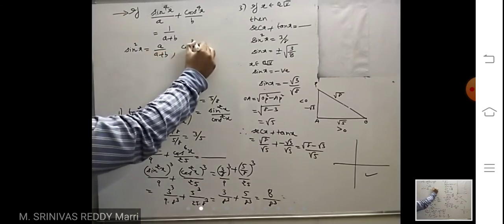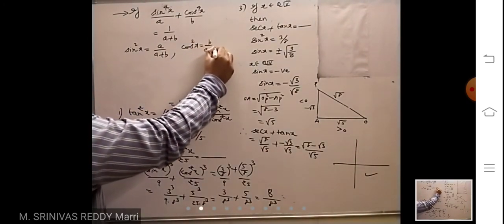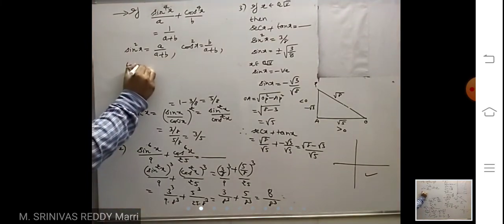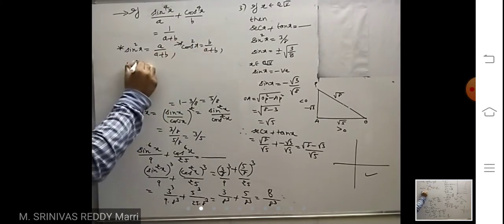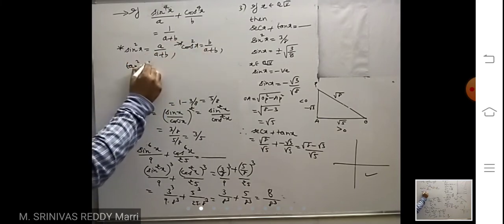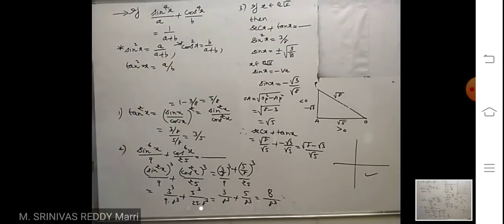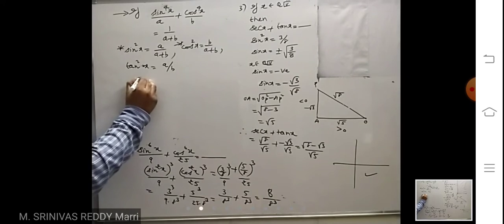Directly remember it. Cos square x equals b divided by a plus b. If you remember both, that is enough. Tan square x means this divided by this, which is a by b. Now for this particular problem I have given, you will directly get the answer if you remember this rule. Look at what I have given.